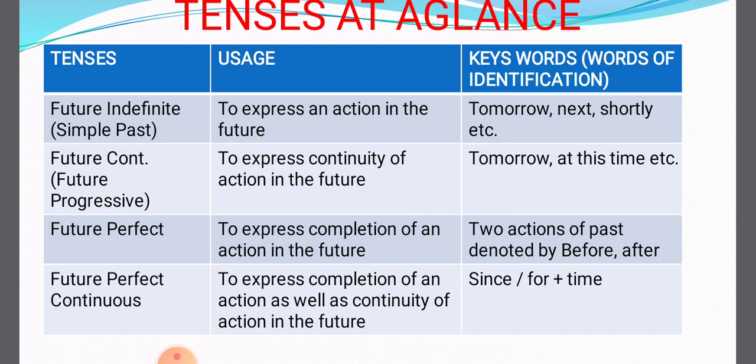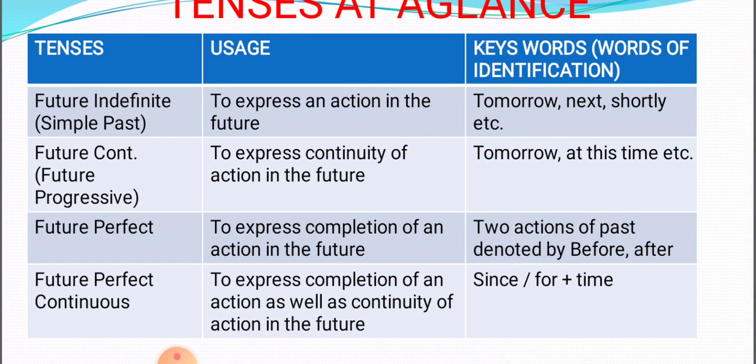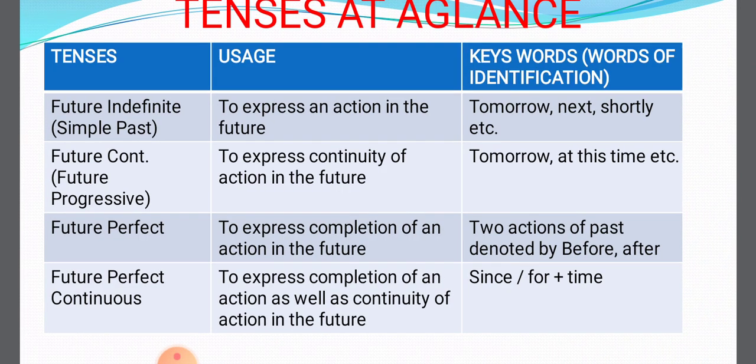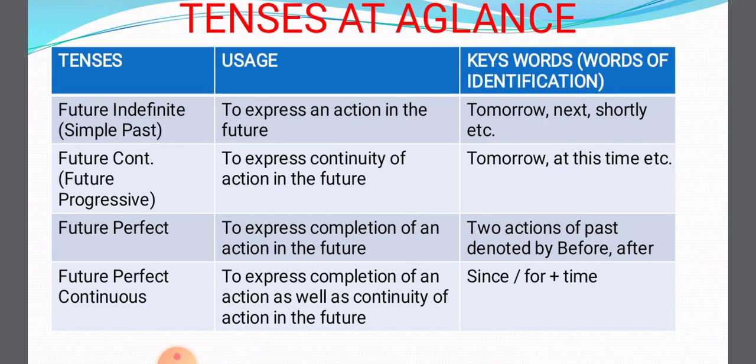All right. Now see, if you see one thing that a perfect continuous, whether it is present perfect continuous, past perfect continuous or future perfect continuous, there is a kind of expression of continuity of an action completed and continuity. If it is from past to present, it is present perfect continuous.